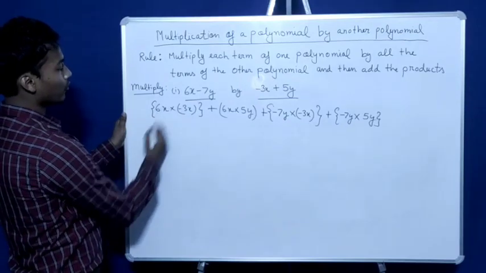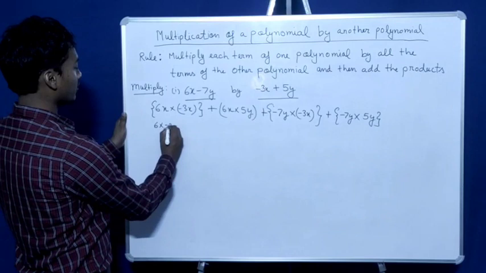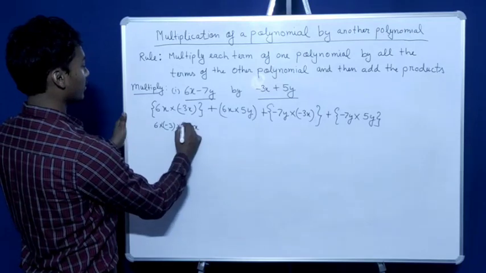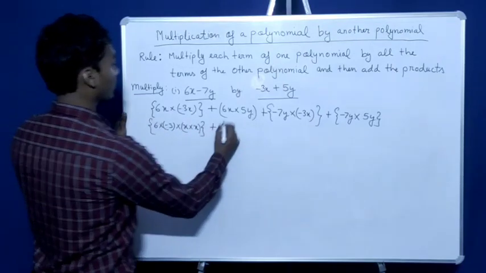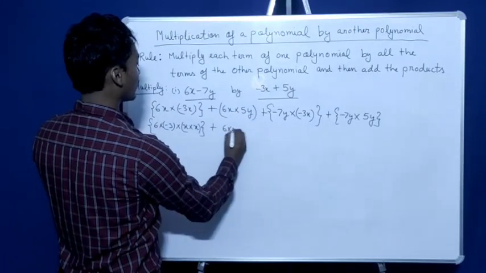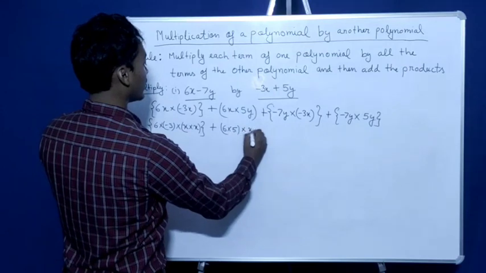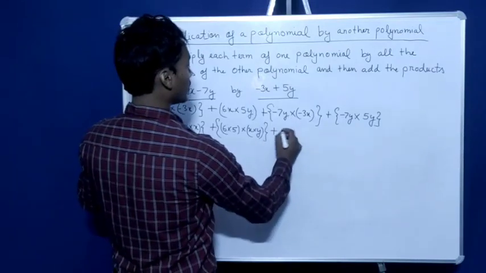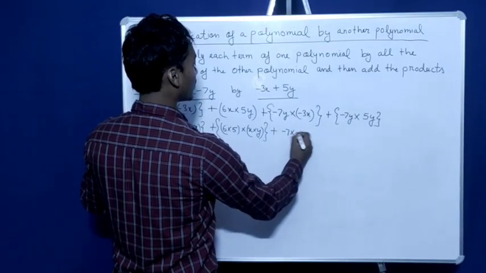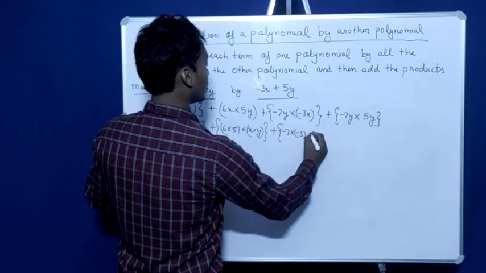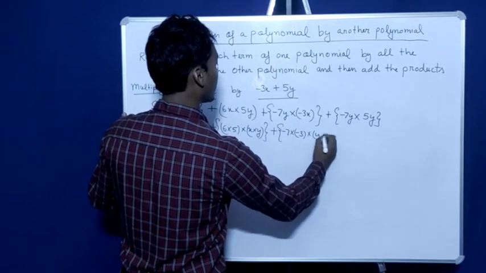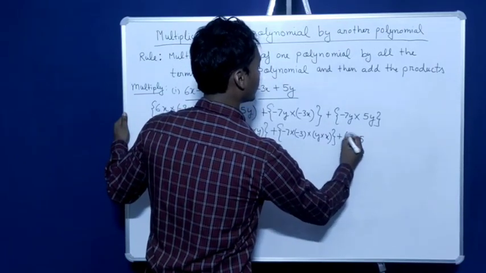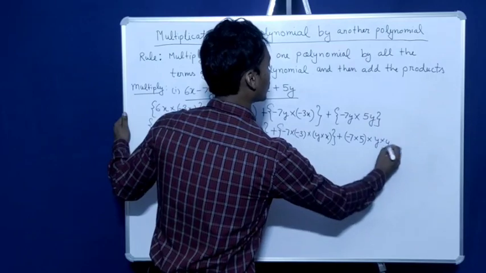So first we'll multiply the numerical coefficients together. So 6 times -3, and then multiplied by the variables x times x, plus here we have 6 and 5, so 6 times 5 multiplied by x times y, plus -7, and here we have -3, so times -3 multiplied by y and x, so y times x, plus -7 into 5 multiplied by y times y.